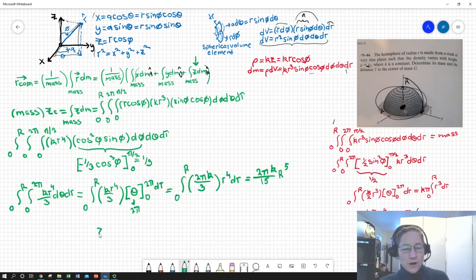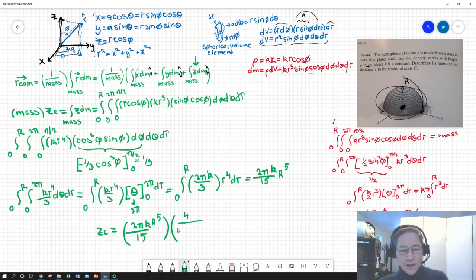So if we want our z-centroid, we have to take our 2 pi k r to the 5th over 15 and divide by the mass of the entire hemisphere, which is like multiplying by its inverse.